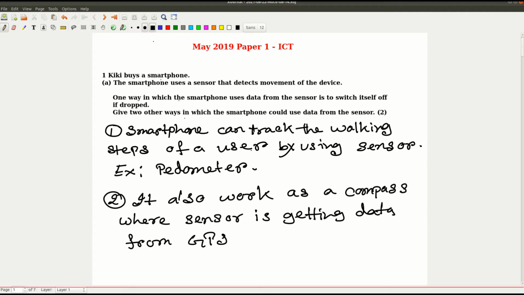Here also, for tracking our movement, the sensor is getting data from GPS, but I didn't mention it. If you want, you can mention it here. So the example is I can provide south, east, etc. Or you can provide the name of the application that is actually working like a compass.